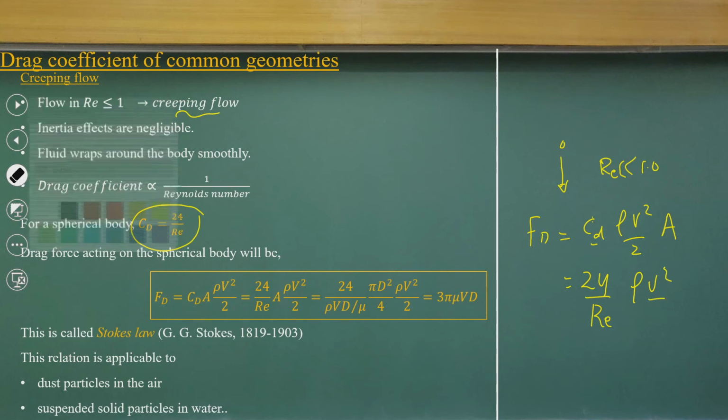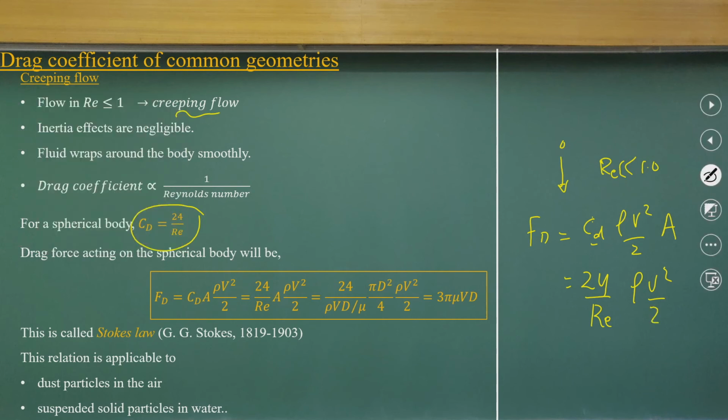You know very well the frontal area; for a sphere the frontal area is pi D square by 4.